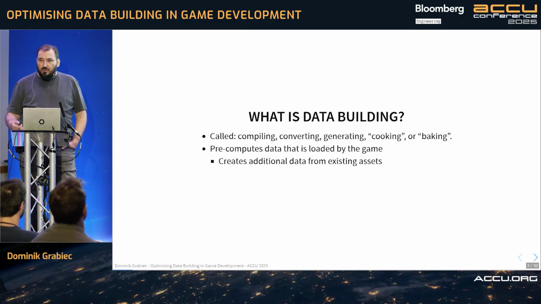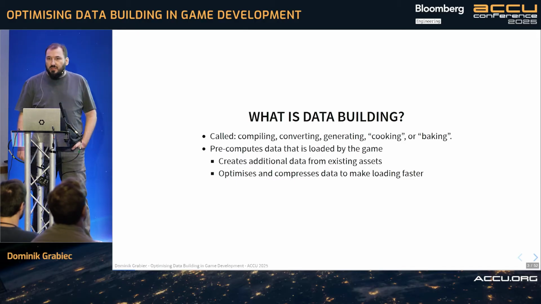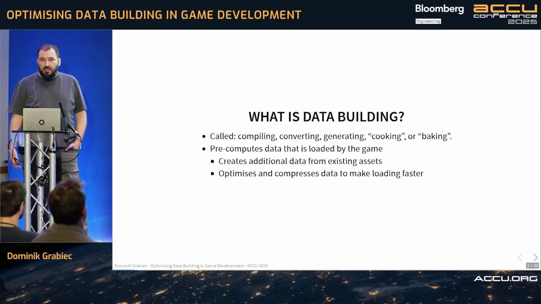Also, you can pre-compute a lot of stuff for rendering, so you end up having prettier games as a result. Optimizing and compressing the data is also a big step. A lot of the textures that you get nowadays in games are actually quite heavily compressed, and it takes a lot of time to do that in certain circumstances.